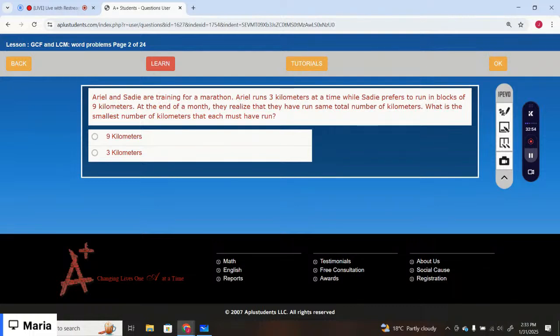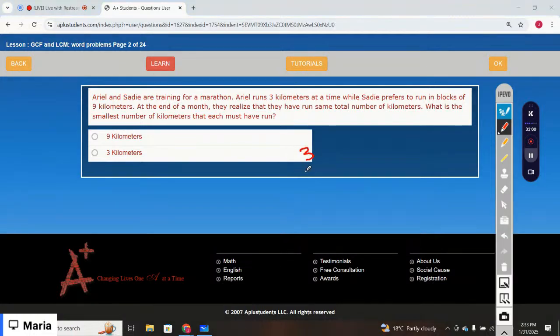You need to find the least common multiple, right? Let's just write down the prime factors of 3 and 9. The common factor is 3 and the non-common factor is also 3. So the LCM is 9. 3 times 3 is 9.